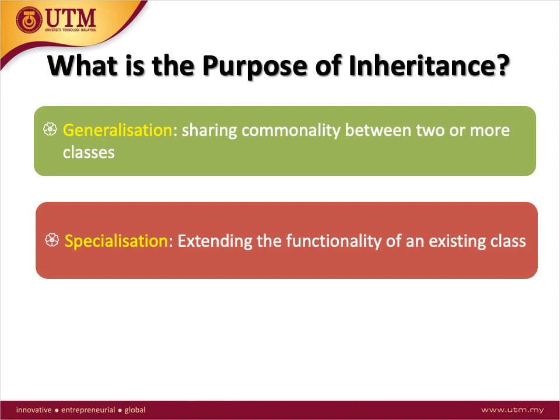But in postgraduate, the specialized attributes may be the title of the research and the supervisor for that research. So it extends the functionality of an existing class, but with specialization in that class.